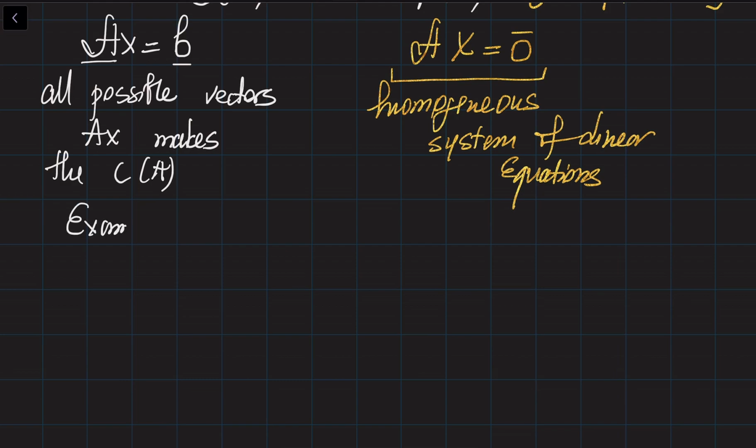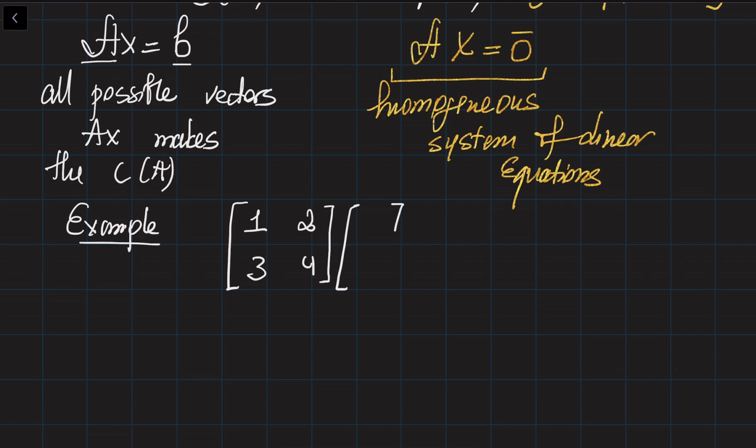Let's start from the first one. An example of a homogeneous system of linear equations. Let's say you're given the matrix with rows 1, 2 and 3, 4. I would like to figure out the two numbers so that the linear combination of this vector and this vector is simply 0 and 0.